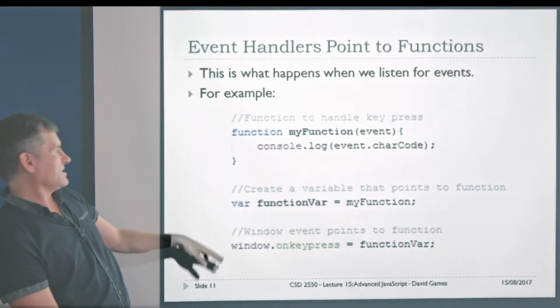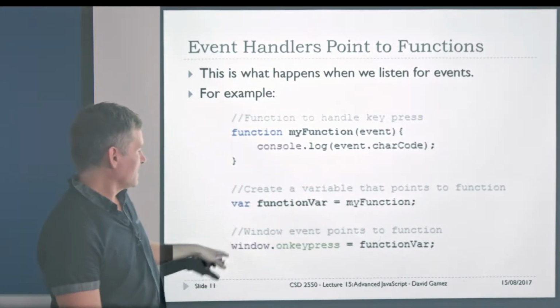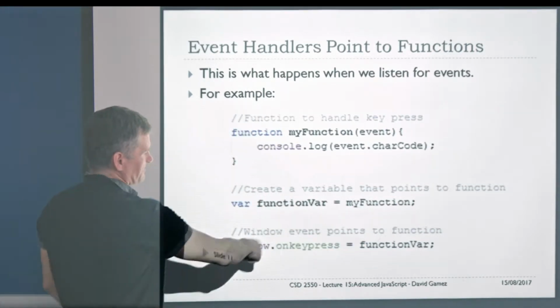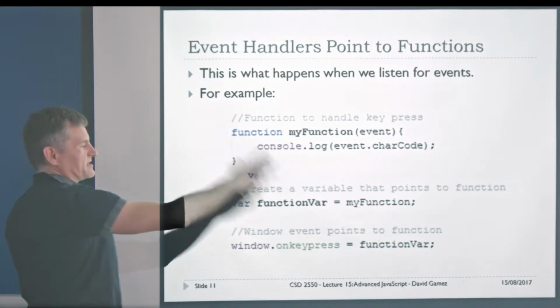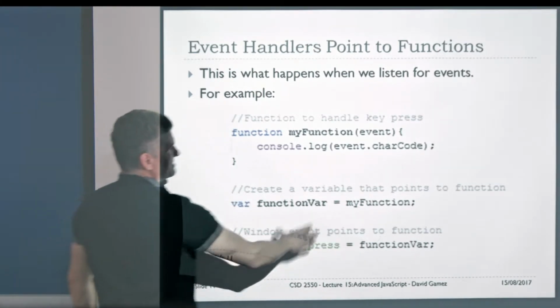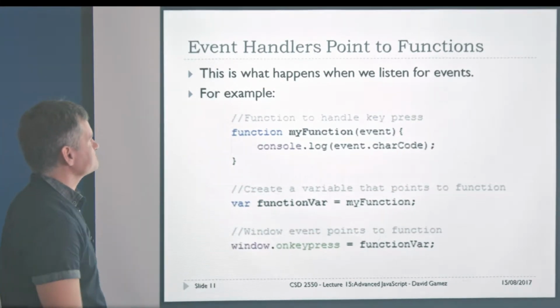Then we can create a function variable that points to this function, and then we can point our window on key press to that function variable. Obviously we could point this directly, but I'm just trying to make it explicit what's going on here. So this is basically just pointing to that function in exactly the same way any variable can point to a function.